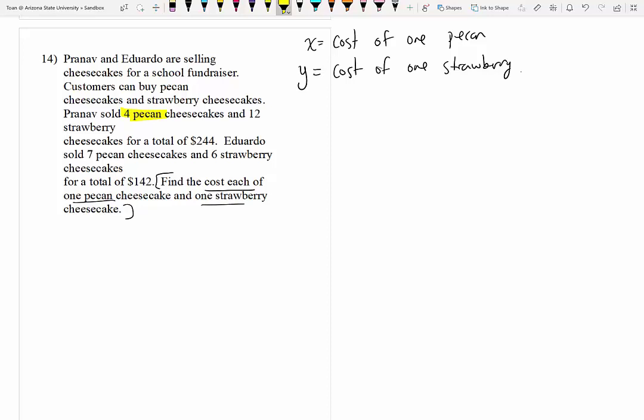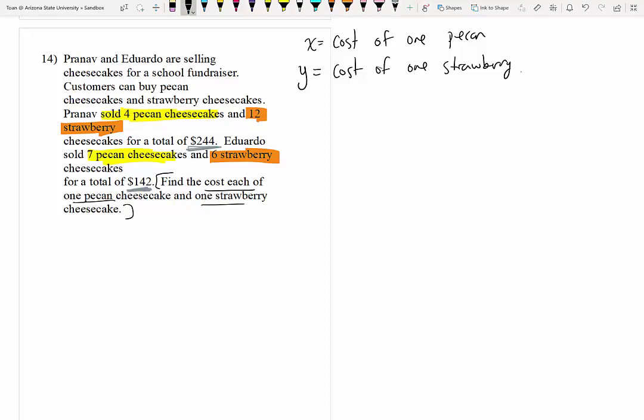We have 4 pecan sold, 12 strawberry sold, and they give us a total of 244. I have more information. 7 pecan, and notice I'm using yellow for pecans, 6 strawberries, and they give us another total, 142.